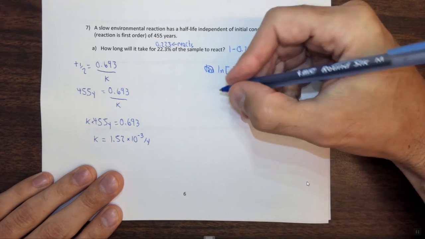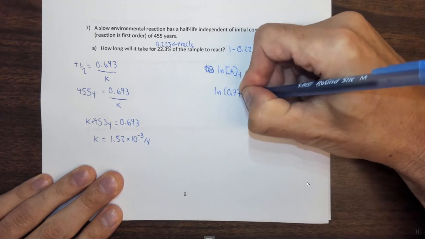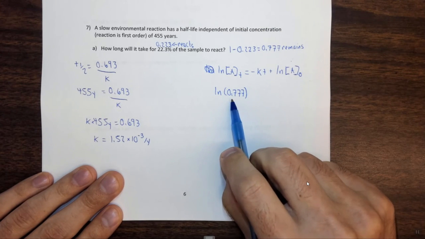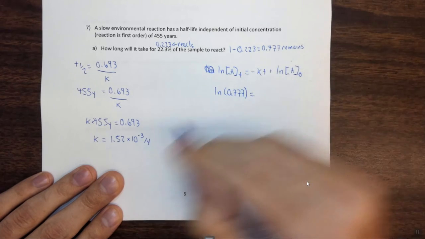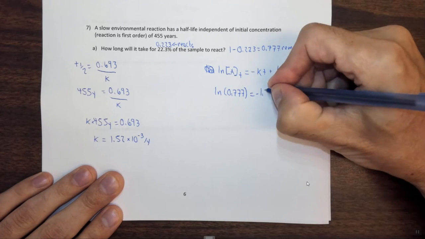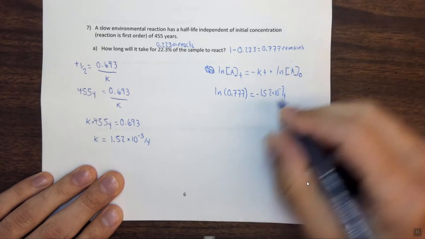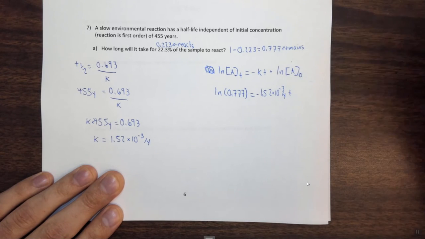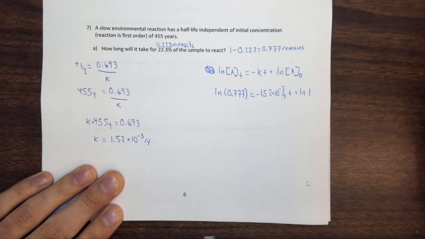So if we do this, we get the ln of 0.777, the percentage, if you will, as a number, of the A that remains, equals negative K, which we have, negative 1.52 times 10 to the minus 3 per year, times T, that's our variable, plus ln of 1.